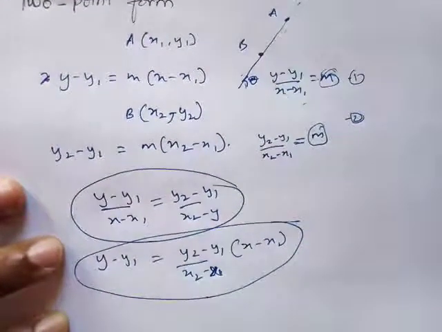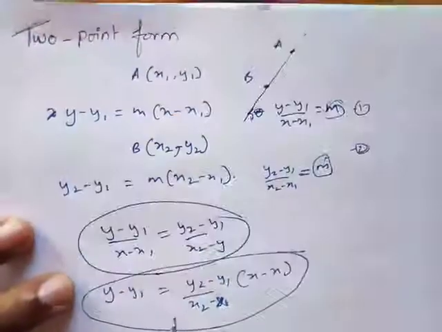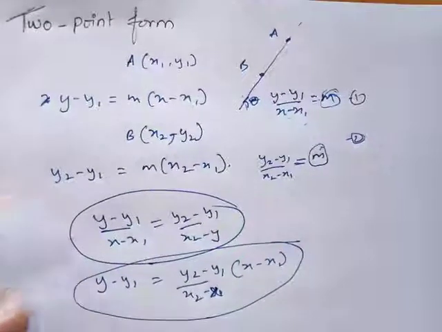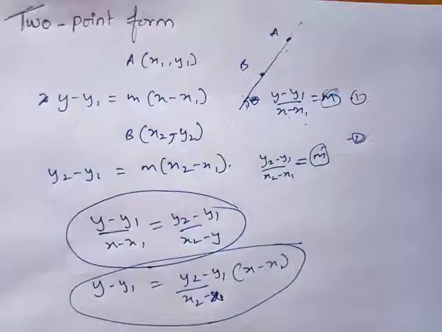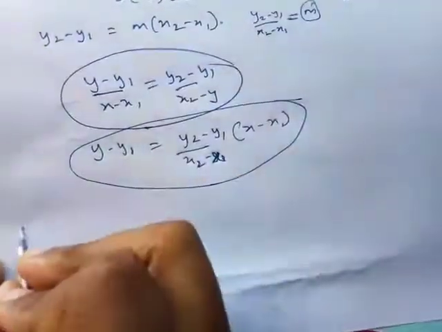So what is the form that you have to use when they have given you 2 points? This is the formula you have to use when 2 points are given. We'll be doing some questions on them as well. Don't worry about how it comes, but you need to keep in mind the 3 things that we learned.